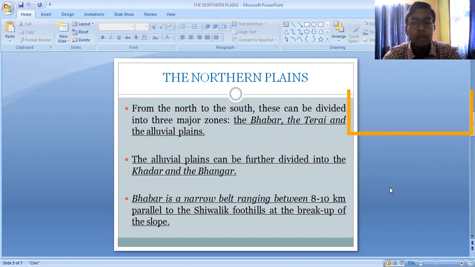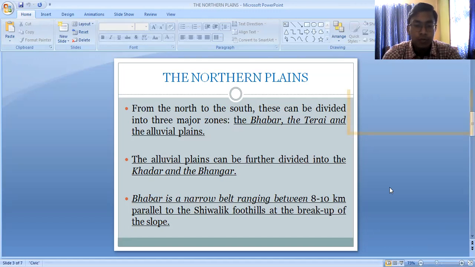From the north to the south, the northern plains of our country can be divided into three main zones: the Bhabar, the Terai, and the alluvial plains. First the Himalayan mountains are there, and where the Himalayan ranges end, from there the northern plain starts.